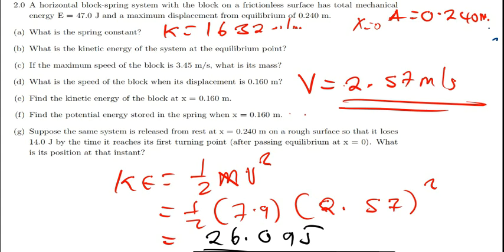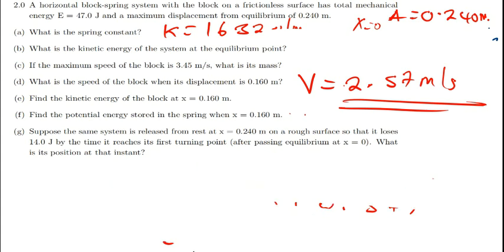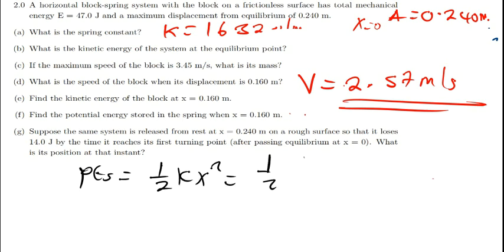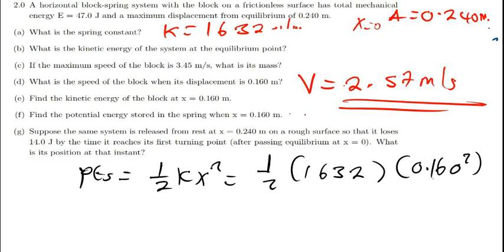Find the potential energy, that is F. Find the potential energy stored in the spring when x is equal to 0.16. So just to find the potential energy, the potential energy is half kx squared. So we have half, the k is 1632, then the x is 0.160 squared.